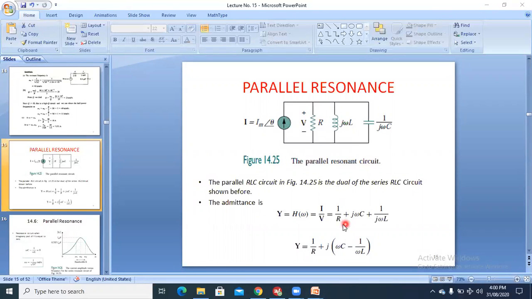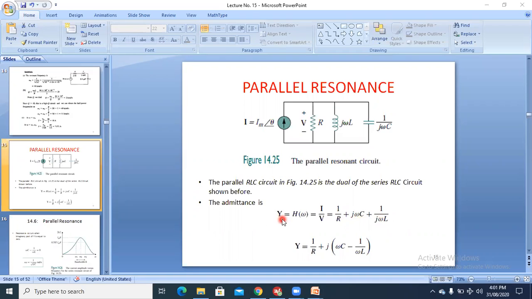That value of admittance is written as 1 by R plus j omega C plus 1 by j omega L, because it is 1 over Z1 plus 1 over Z2 plus 1 over Z3. So Y1, Y2, and Y3 sum to the admittance.